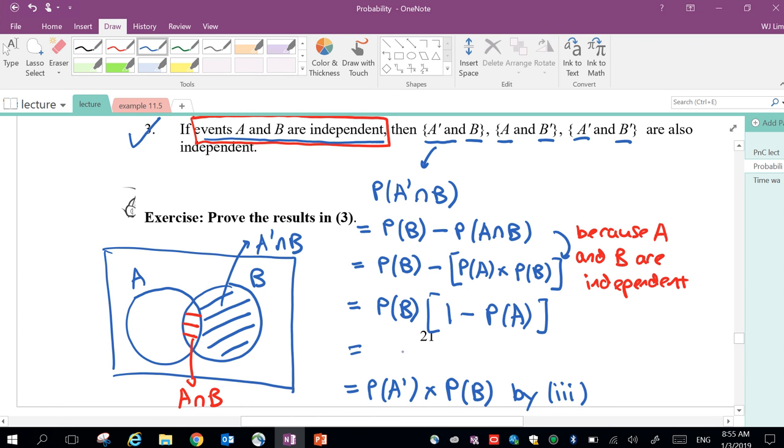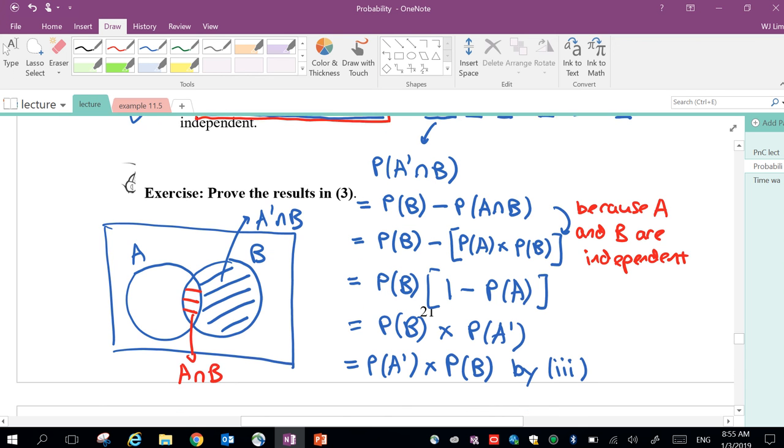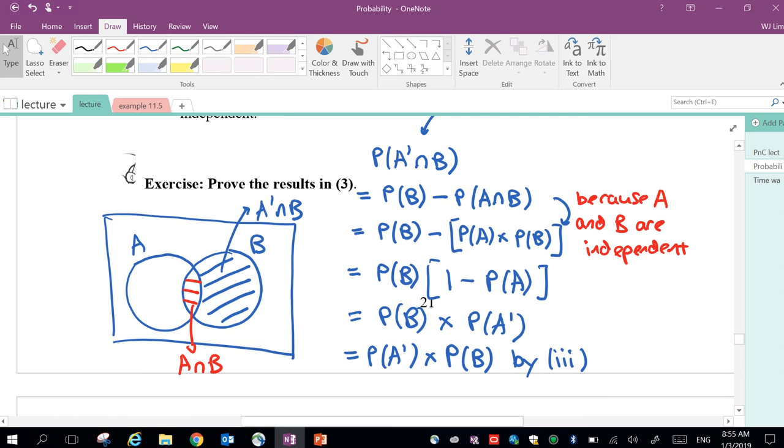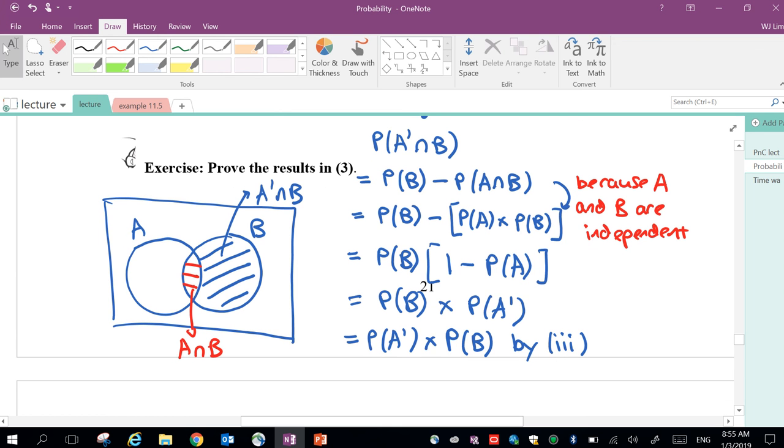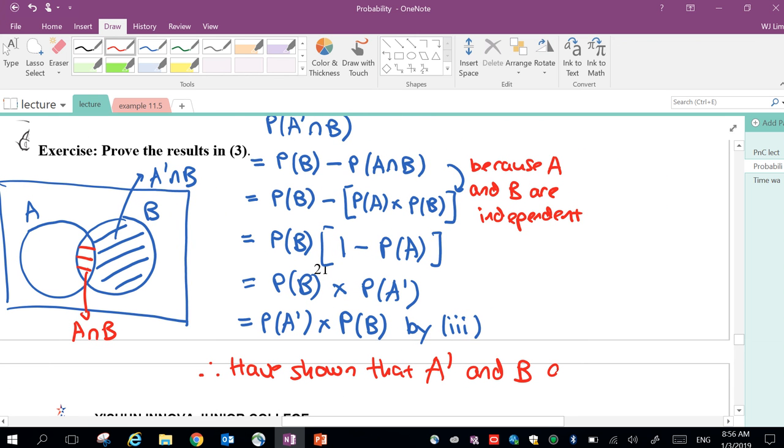So this becomes probability B multiplied by probability A prime. That sorts out the order now. Therefore, I have shown that when A and B are independent, A prime and B are also independent.